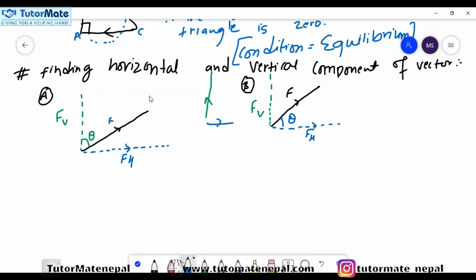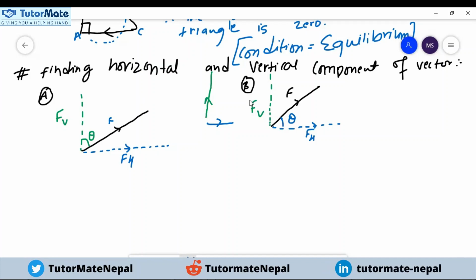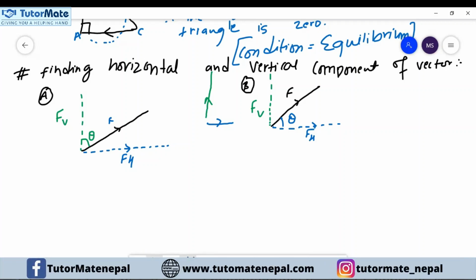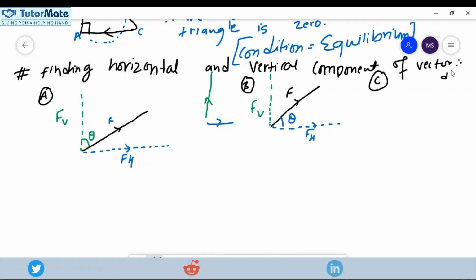So why do we need to find the horizontal and vertical components of the vector? Since every vector may not move only horizontally or only vertically. Sometimes it can move in both directions. So this example of A and B is the example where it is moving in both directions. But you might have other examples also where it moves in a horizontal direction or in a vertical direction.